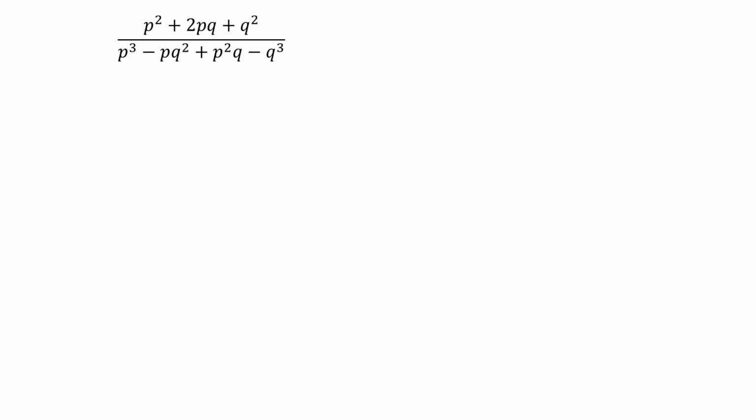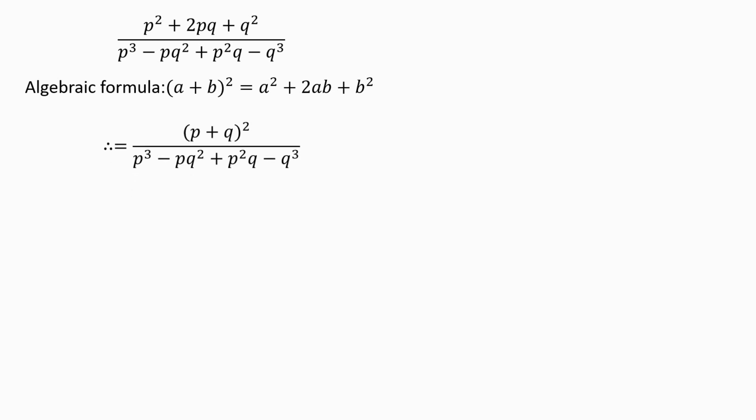The first step is to factorize the numerator, and to do that we are going to use an algebraic identity or formula such that if you have (a plus b) squared, it equals a squared plus 2ab plus b squared, and that is similar to what we have in our numerator. Therefore our numerator will become (p plus q) squared divided by what we had in the denominator.